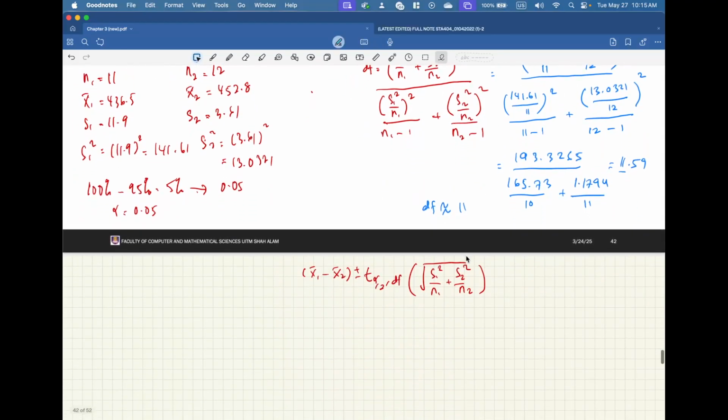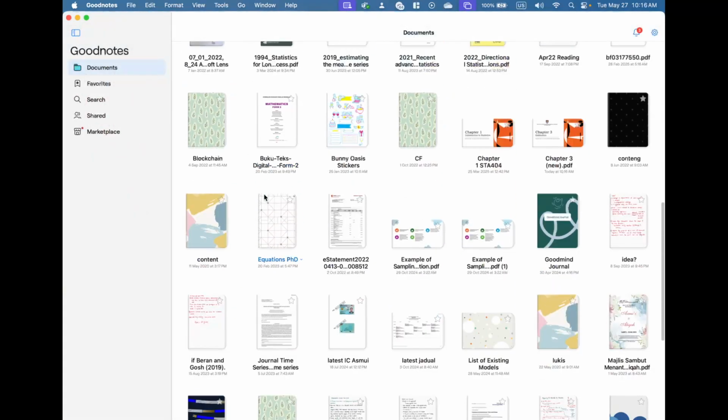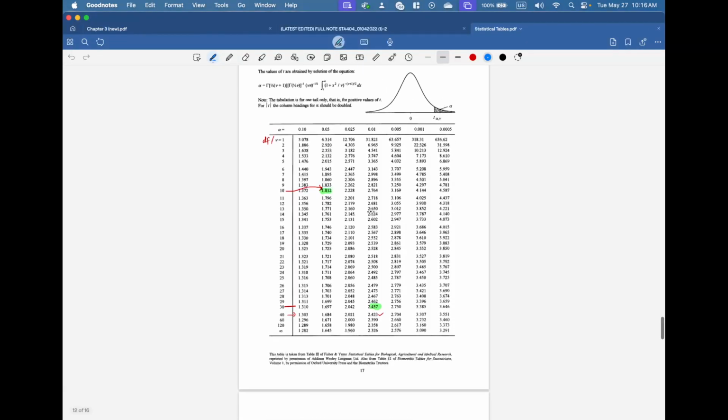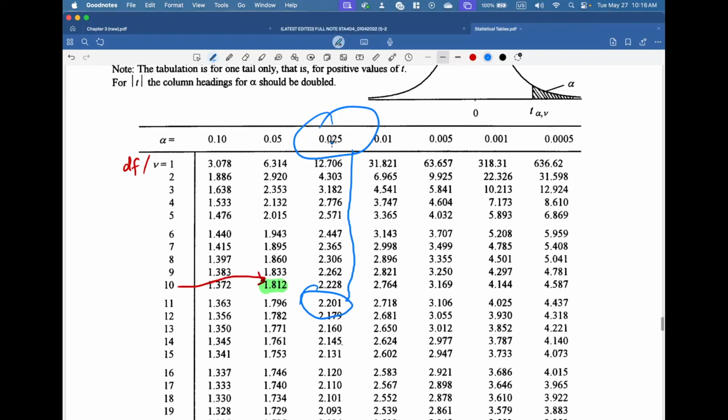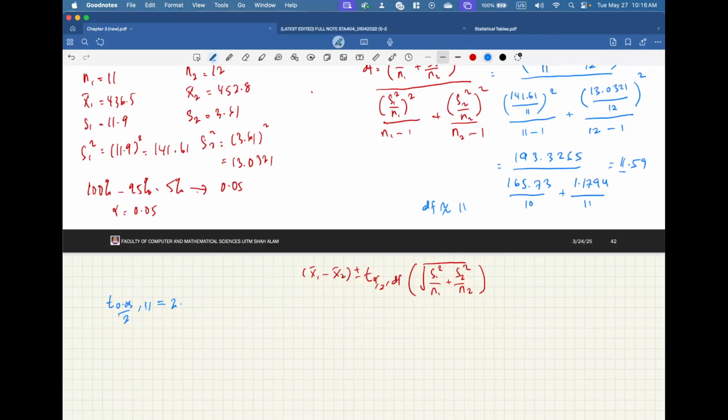So t of 0.05 divided by 2, where the degree of freedom is 11, we try to find in our statistical table. 0.05 divided by 2 is 0.025, and the degree of freedom is 11, so we use 2.201.